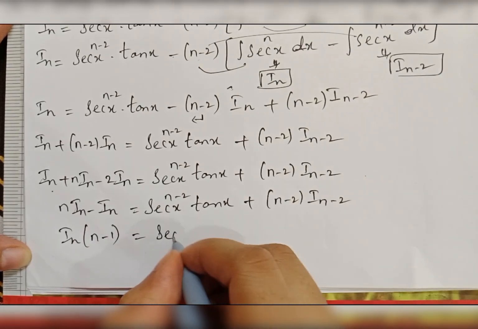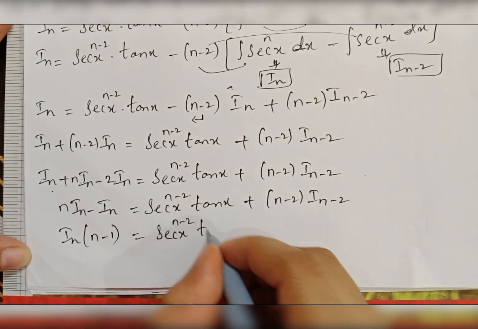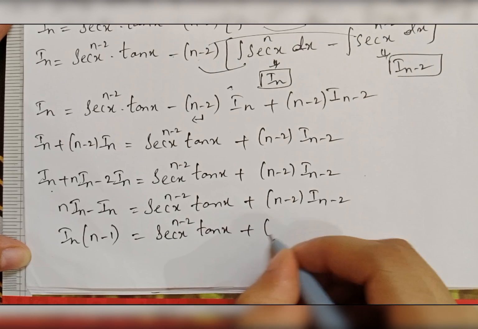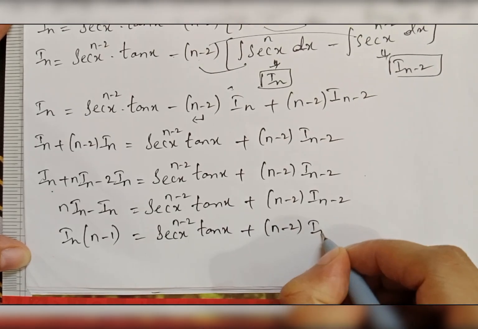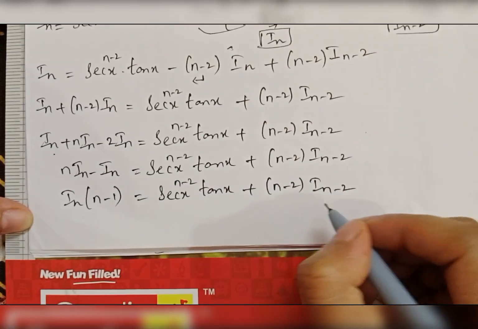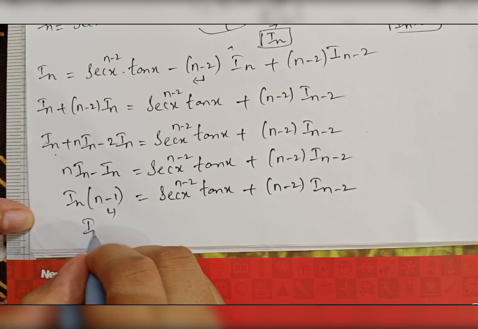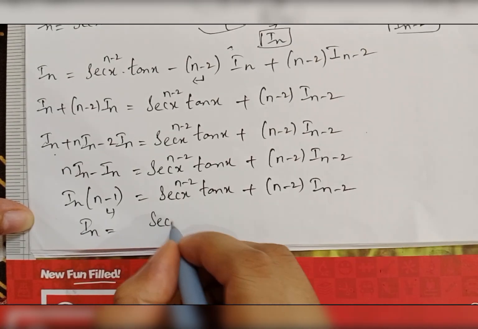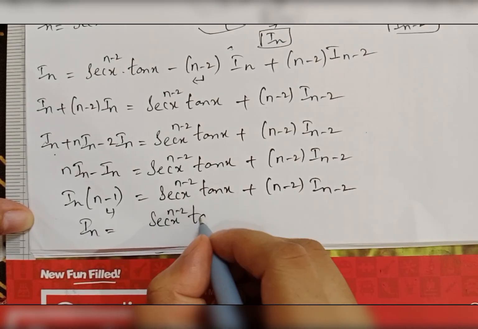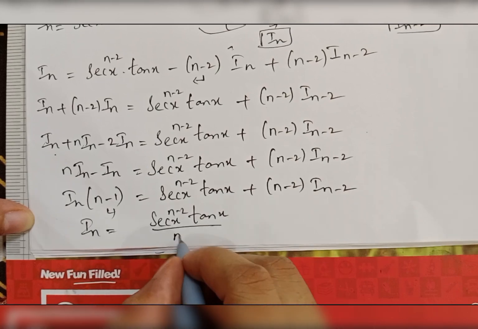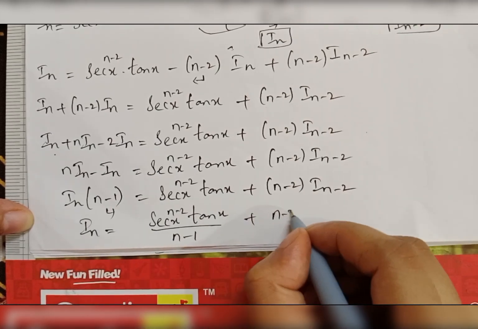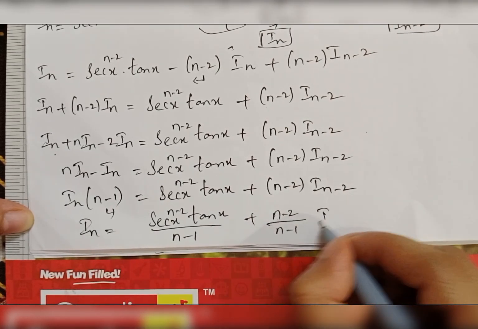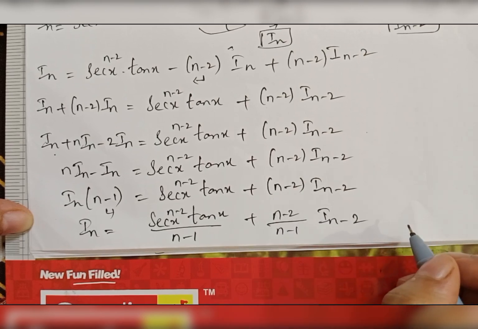Now this will go to the other side, so I_n is equal to secant x power n minus 2 into tan x by n minus 1 plus n minus 2 by n minus 1 into I_(n minus 2).